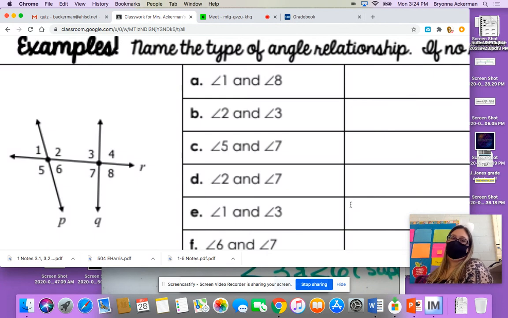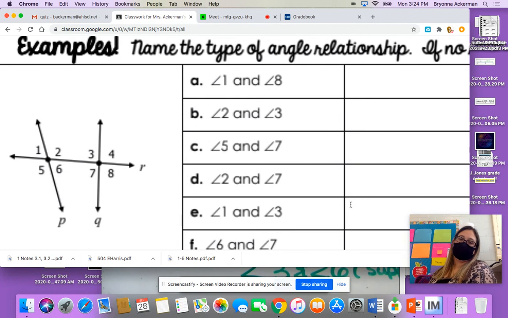Okay, 1 and 3. Are they interior, exterior, or both? Both. So do they follow corresponding rules? Yes. So 1 and 3 are corresponding angles. They have the same position.